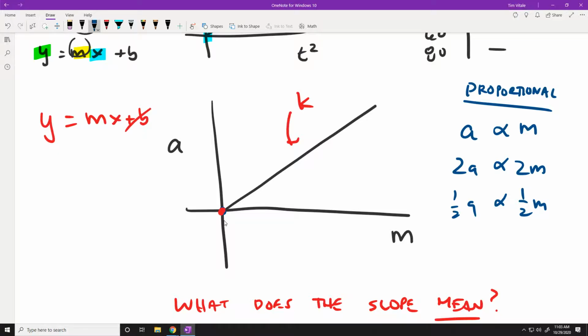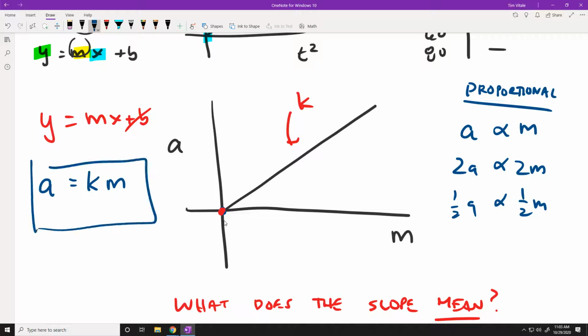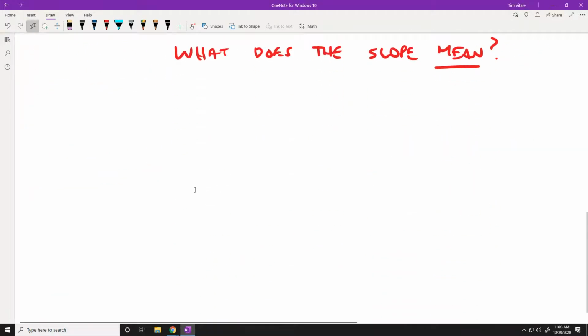And the equation of this line is a, because that's on the y-axis, is equal to the slope, which we'll call k, times the x variable, which is mass, the hanging mass. So here's the equation of my line. Now I'm going to rewrite it for you down here. a is equal to k, which is the slope, times mass. We want to relate this because the thing that we're talking about here is Newton's second law.